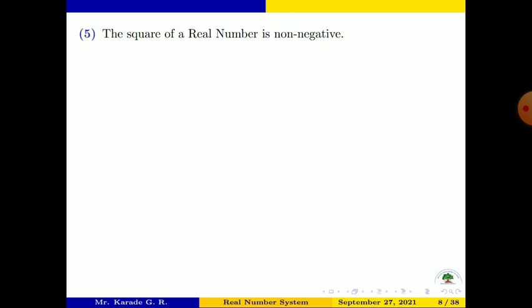Take the real number 0, and its square is 0, which is also a non-negative real number. So the square of any real number is always non-negative. This is important: for all a belongs to R, a square is greater than or equal to 0. This means for all a belongs to R, a square is always non-negative.